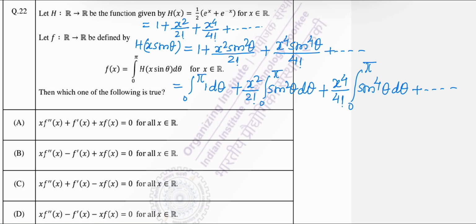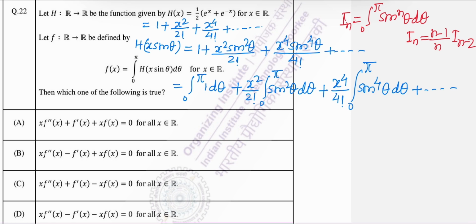Now let us evaluate, and to evaluate we need this formula, which I show you in red. We need the integral from 0 to pi of sin to the power n theta d theta, and if you assume it to be I n, then I n will be equal to (n minus 1) by n times I n minus 2, and this is a recursive formula.